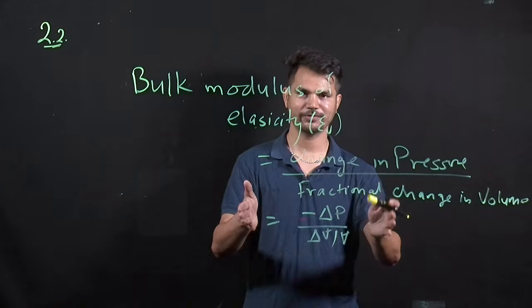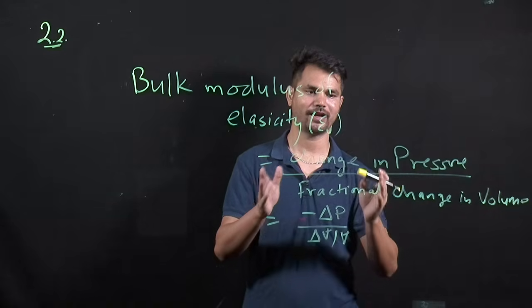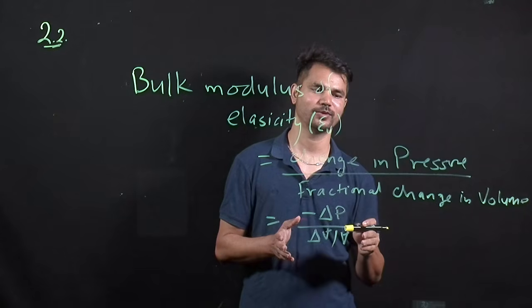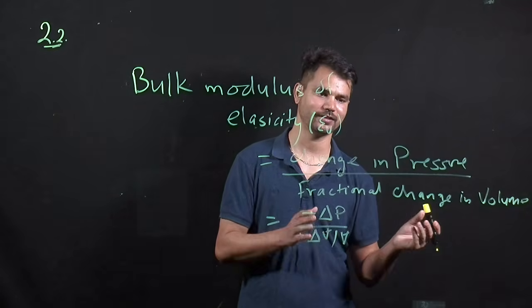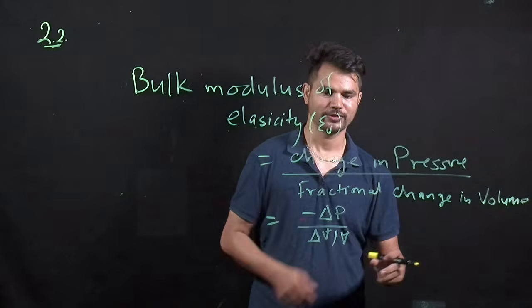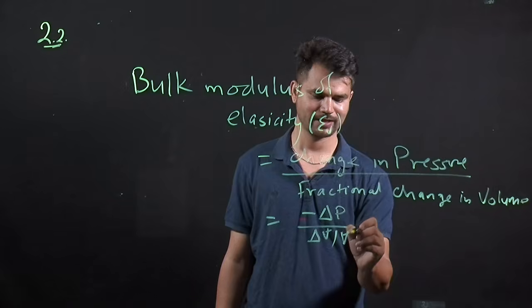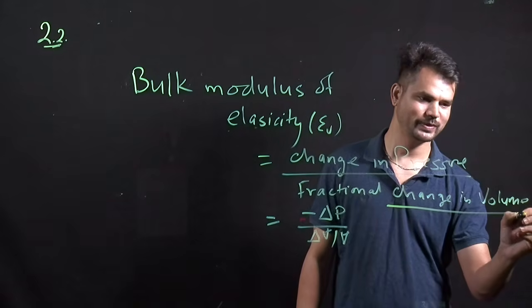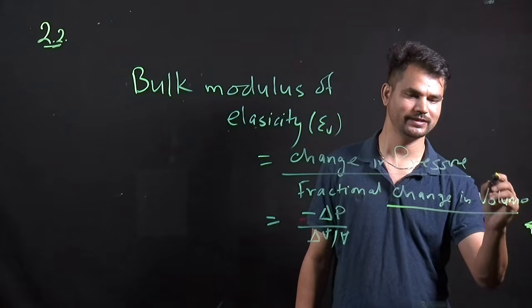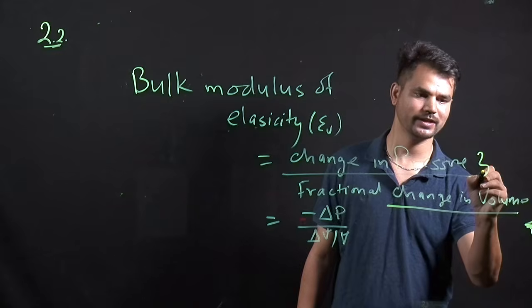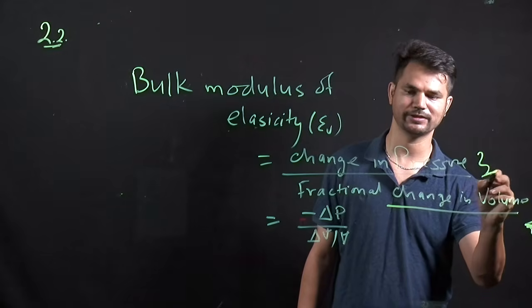From this equation, our question asks whether the dimension of bulk modulus is the same as pressure, pressure divided by volume, or pressure divided by density. Since this is a fractional change, it will be dimensionless, so our only remaining parameter or unit is change in pressure.